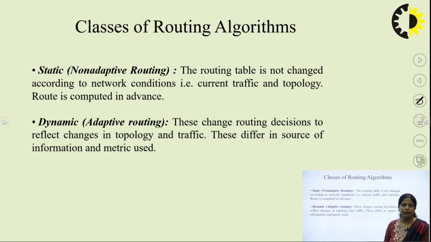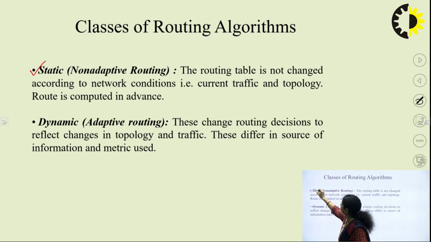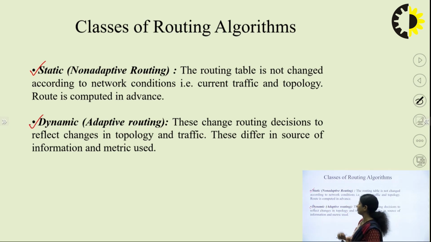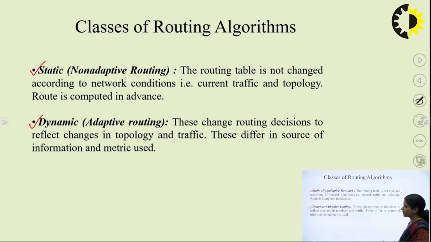Next we have the classes of routing algorithms. We have two classes: one is static, also known as non-adaptive routing, and the second is dynamic, called adaptive routing. What is a static routing algorithm? The static table is not changed according to the network conditions.